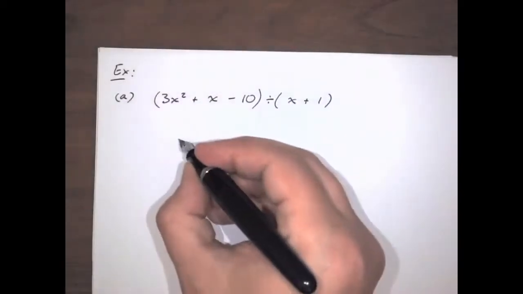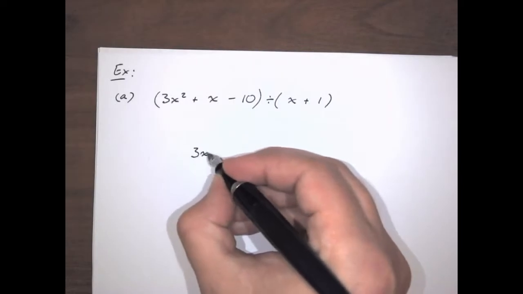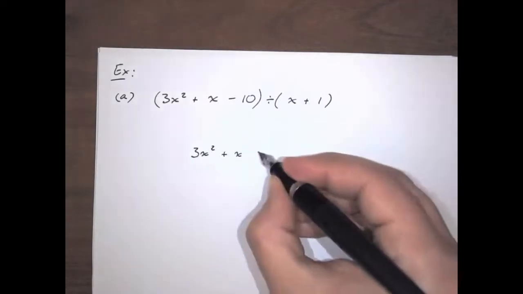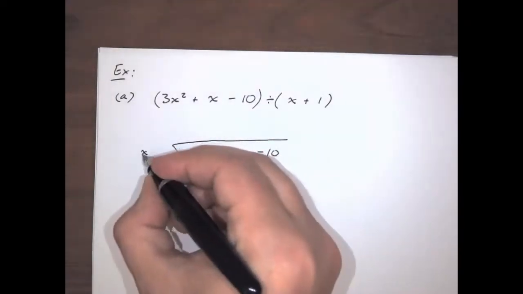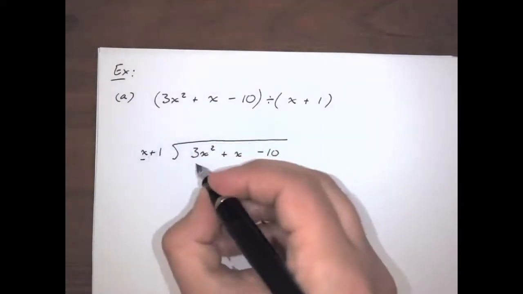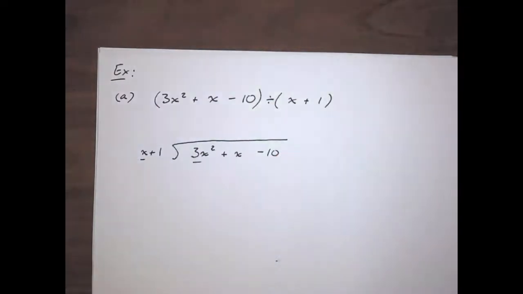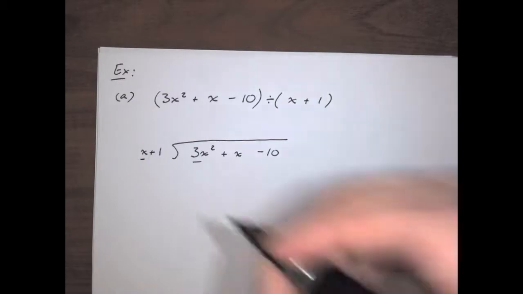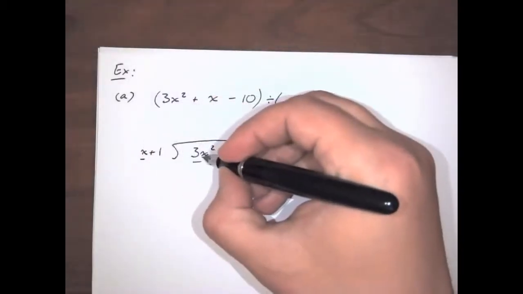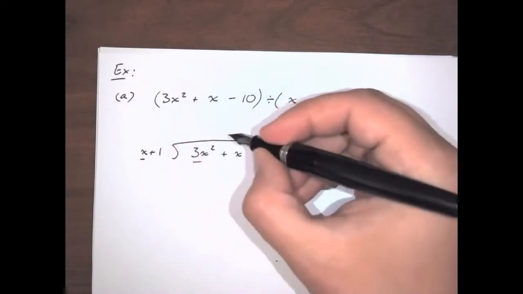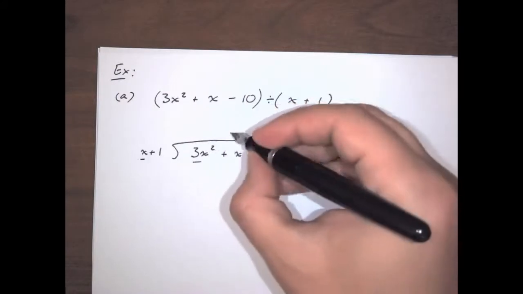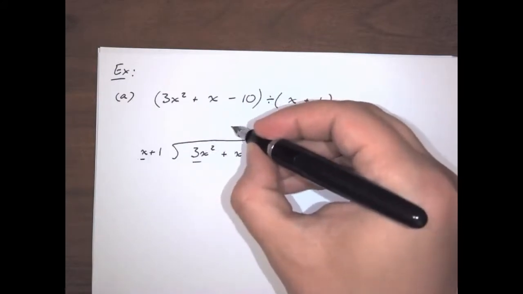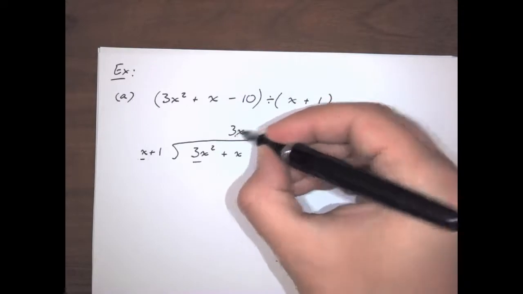Okay, so here's how you set this up. 3x squared plus x minus 10 divided by x plus 1. Now all you look at is the leading term of the divisor and the dividend, and you just ask yourself, what do I multiply this by to make this? Well, to make an x into a 3x squared, what you need to multiply it by is a 3 and an x, and I'll put that on top of the x term over here. 3 and x.